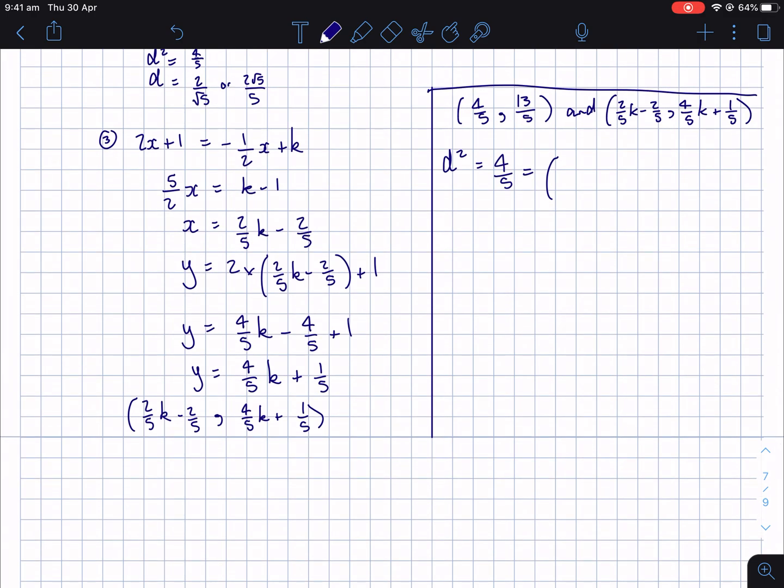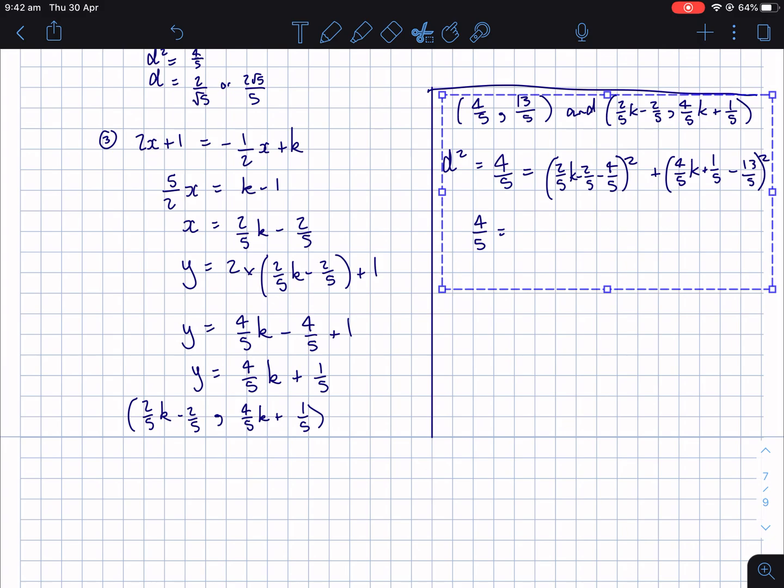So 2/5 k take 2/5 take 4/5 squared plus 4/5 k plus 1/5 take 13 on 5 squared should come out as 4/5. Why not? Why am I even bothering trying to keep this on this same page?